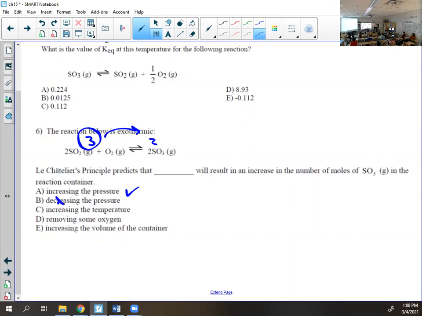That's out. This is exo, so this would be heat, so increasing temperature would push it that way, so that's why that one's wrong. Removing oxygen, if I take away, I stay, so that's why that one's wrong. Increasing the volume is actually decreasing the pressure, so that would cause it to go to the 3. So it had to be A.